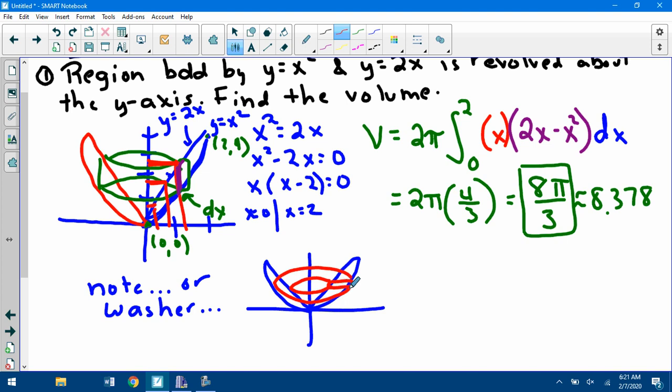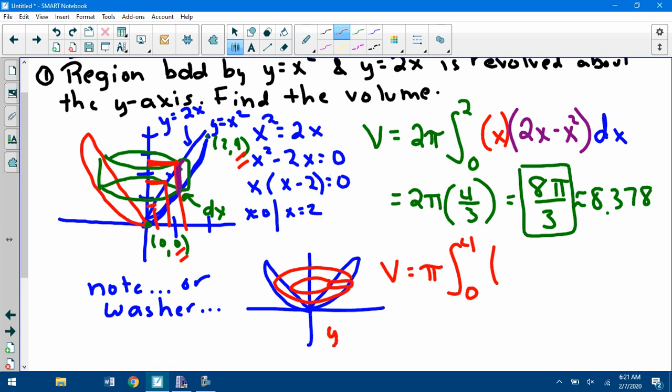And if I do it that way, the volume would have been what out front? Pi times the integral from, what would your bounds be? You'd have to use your y bounds, 0 to 4, of the outer radius. So the outer radius is to the parabola, but I have to be in terms of y.